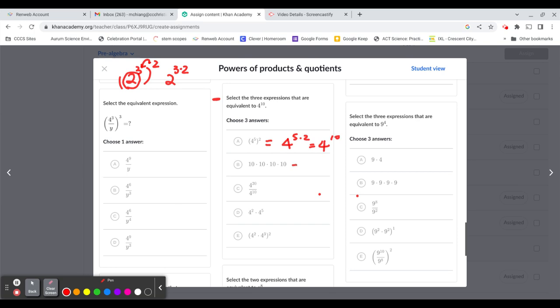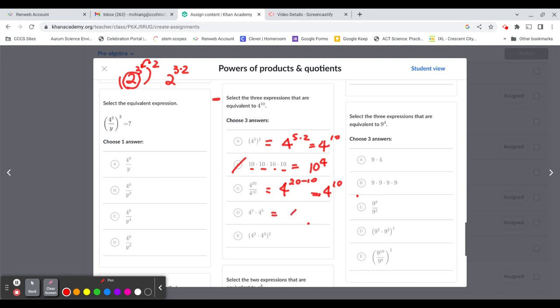The second one, we have 1, 2, 3, 4, 4, 10, so it's 10 to the power 4. So B is wrong. The third one is a quotient, so you subtract the powers. 20 minus 10 is 10, so 4 to the power 10.